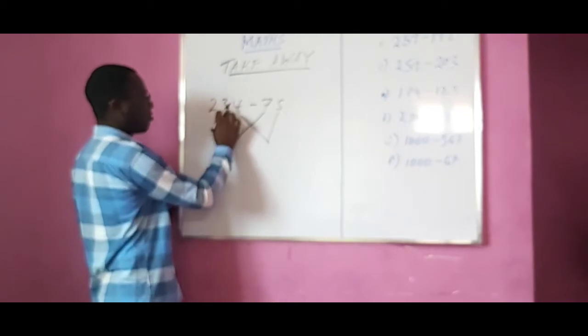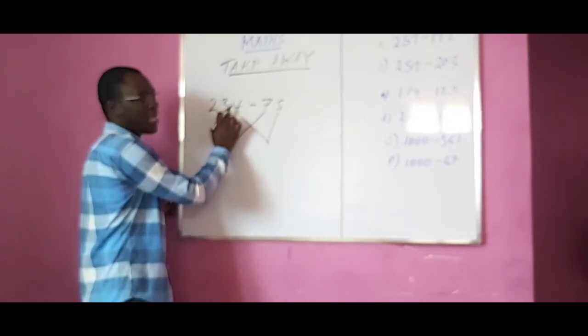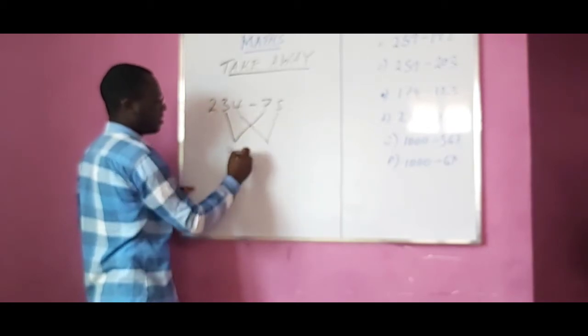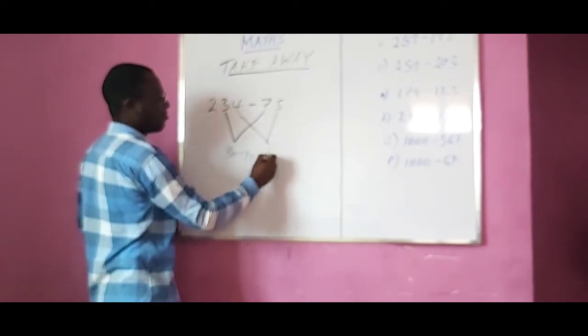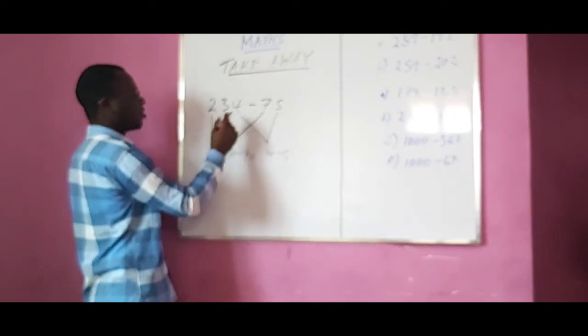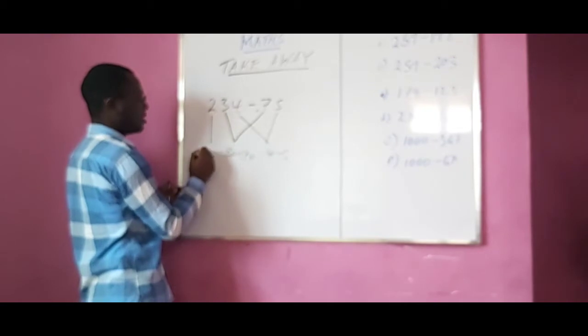The place value of 3 is 30, so it becomes 30 take away 70, while here it is 4 take away 5. Then in place value of 2, there is nothing to subtract from, so it remains 2.